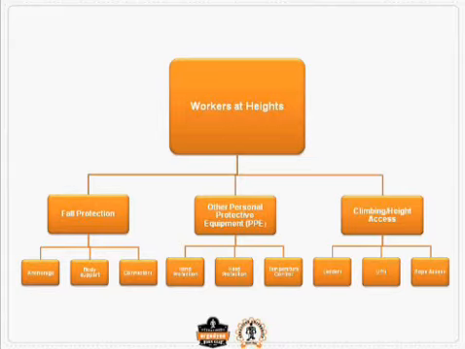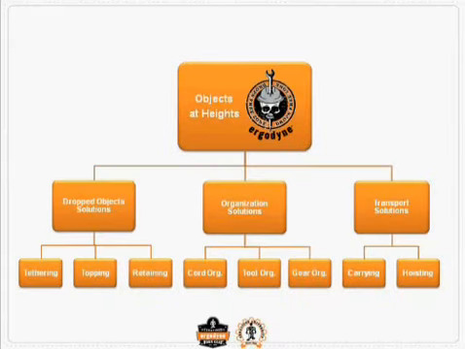So the detail of today's conversation is going to fall under that objects at heights branch of the safety at heights hierarchy. Just like workers at height safety, objects at height safety can be broken down into different categories. For every individual working at height, there's often a whole array of equipment he or she is using when working up there. This can even include safety equipment itself that we just discussed on the previous slide.